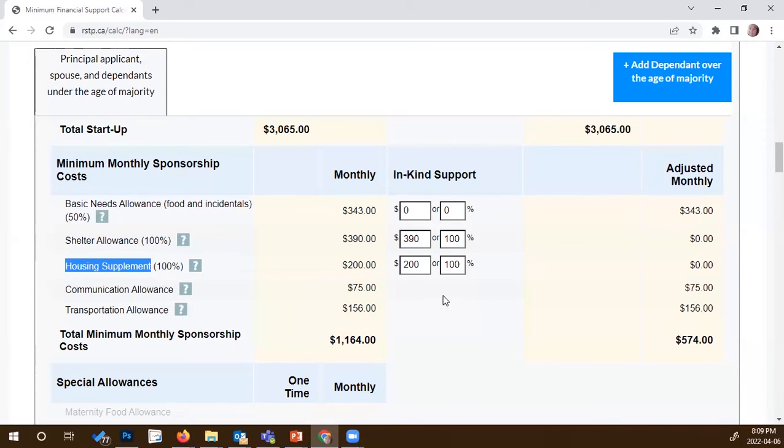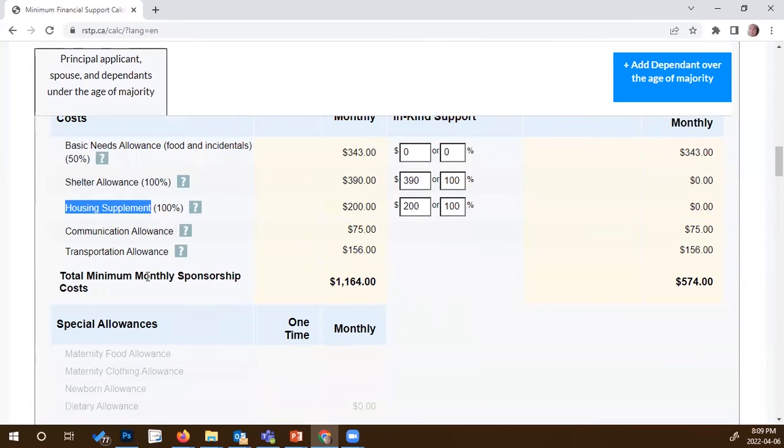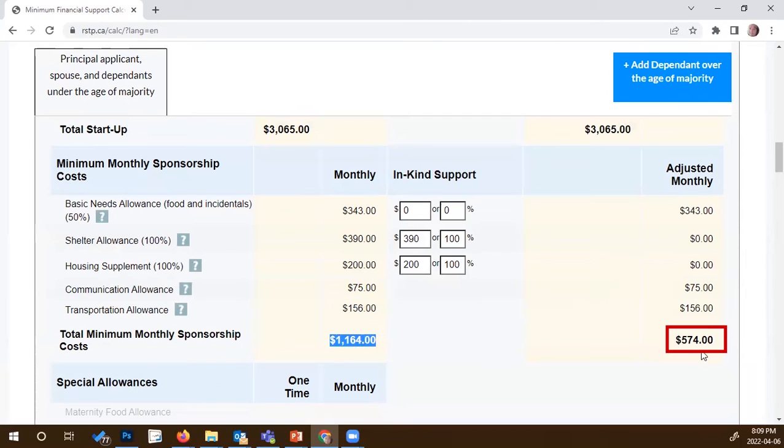Okay, so with that deduction in place, you're going to notice that the monthly minimum sponsorship cost has been reduced. So this is what it was originally, $1,164, and the adjusted monthly amount here is now $574. So that's a significant reduction.